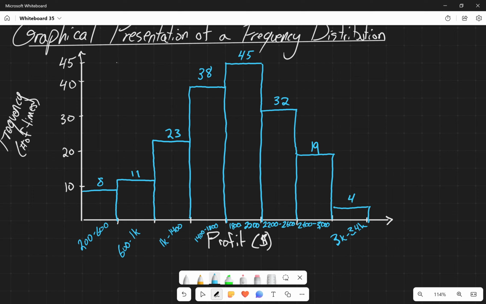So this tells me that there are 4 instances of profit being above $3,000 but less than $3,400, right? So each class is depicted by a rectangle, and the height of the bar is the number in each particular class.